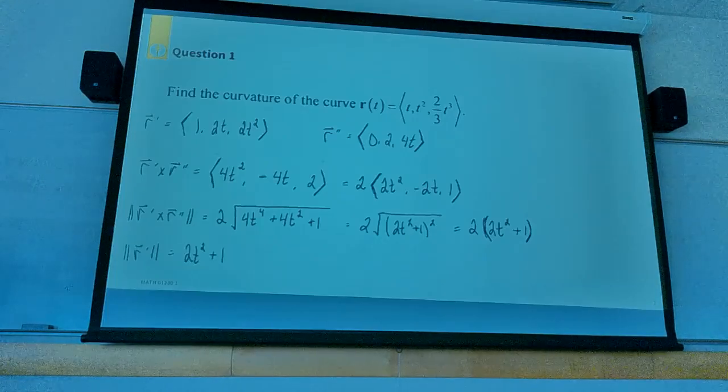Let's see how we can draw a kappa. Yeah, good enough. Curvature is represented by the lowercase Greek letter kappa. When the curve is given in parametric form, it was derived to be the magnitude of r prime cross r double prime over the magnitude of r prime cubed.